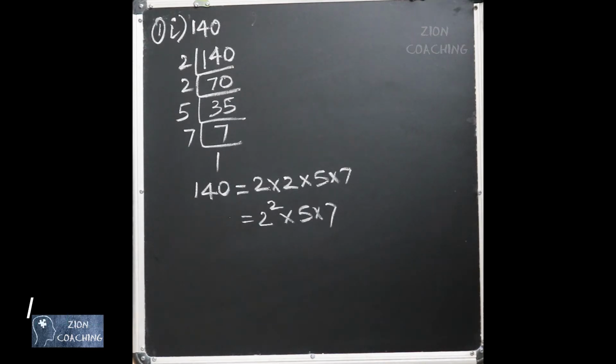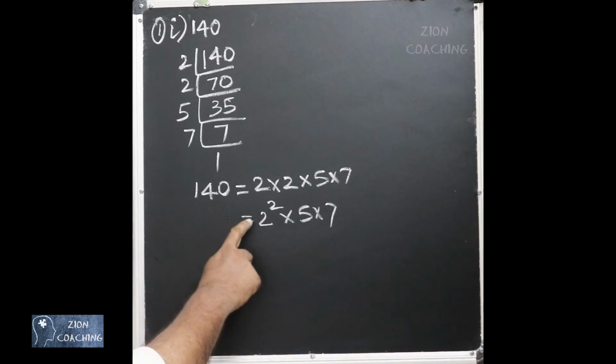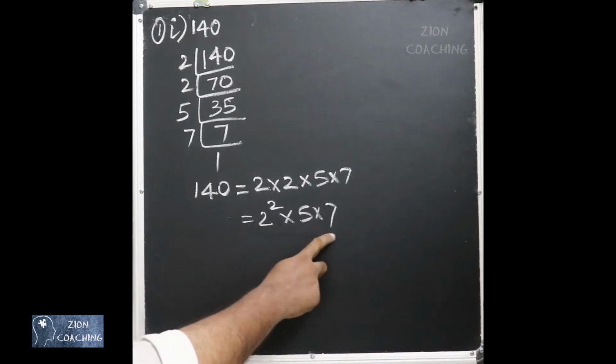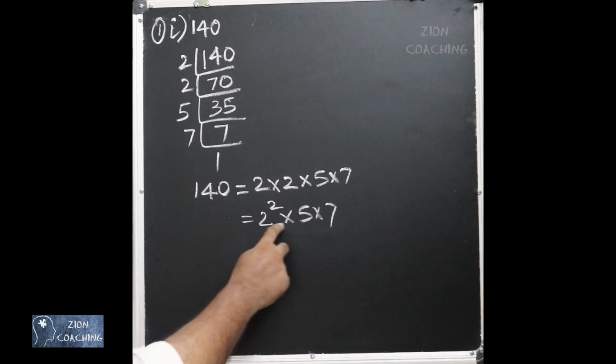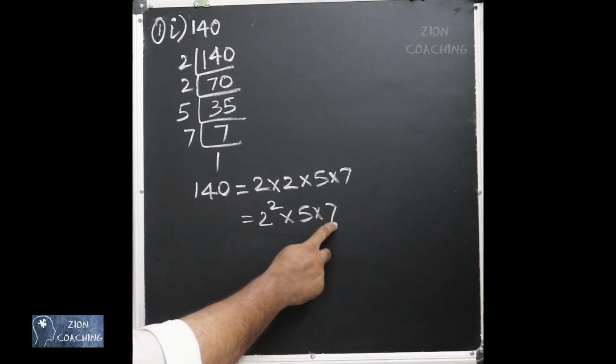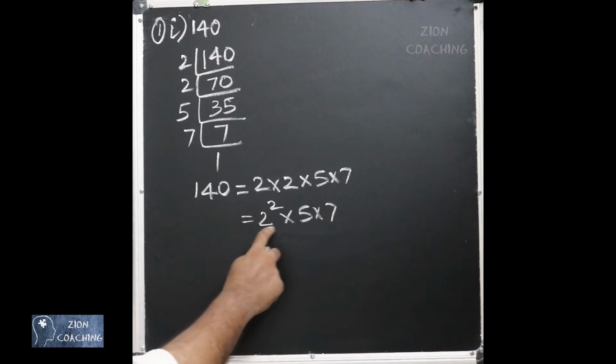Every composite number can be expressed as a product of primes, and this factorization is unique. So each and every composite number will have a unique factorization. The order may change. It can be written also as 5 into 2 squared into 7, or it can be written as 7 into 5 into 2 squared.